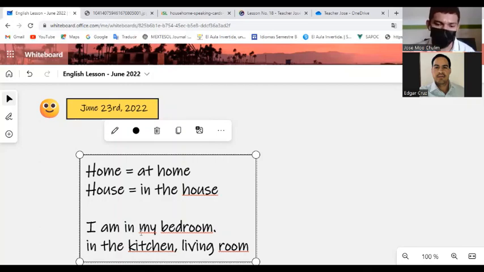Okay, we use this preposition in for the rooms, but we don't use the phrase in the house in this example, for I am in my bedroom, because you just imply that you are in the house. Sorry, that's the opposite.